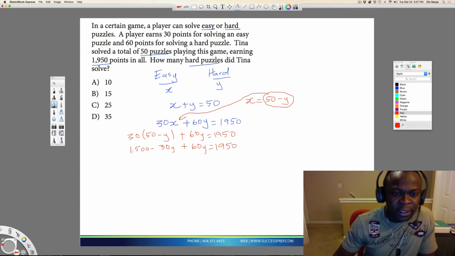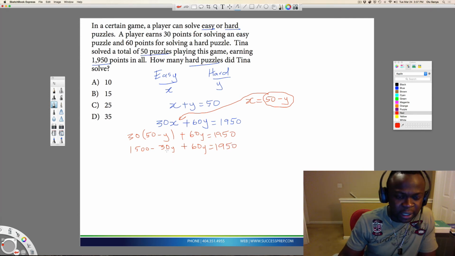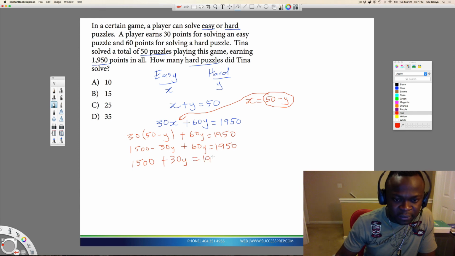Now, at this point, we need to do some basic algebra. The like terms we have are negative 30Y and plus 60Y, which becomes just 30Y, because the 60 subtracts the 30. You still have your 1500 here. Minus 30 plus 60 is plus 30Y, and this is now 1950.